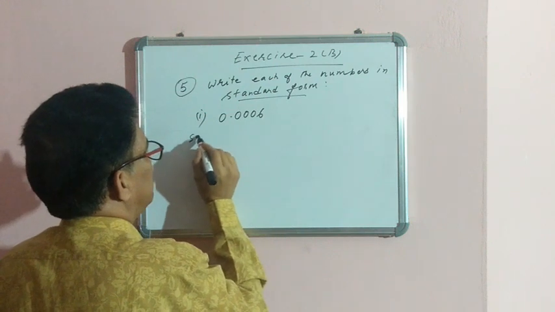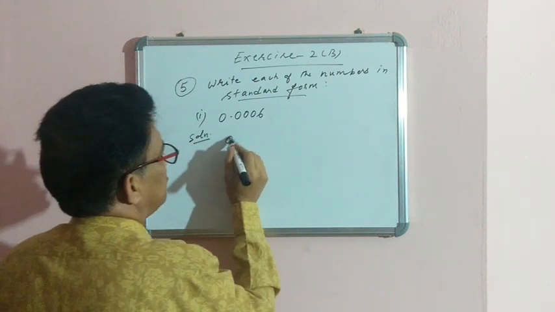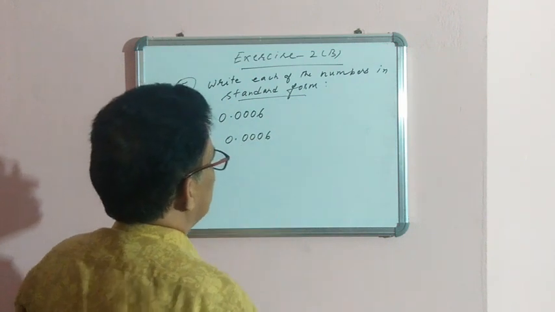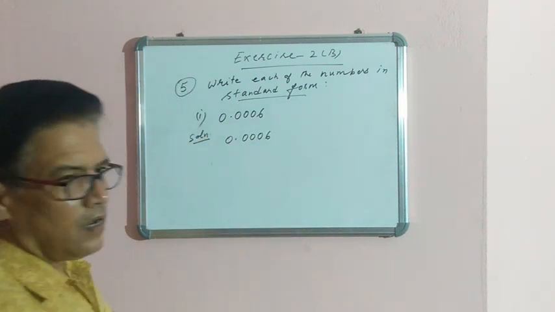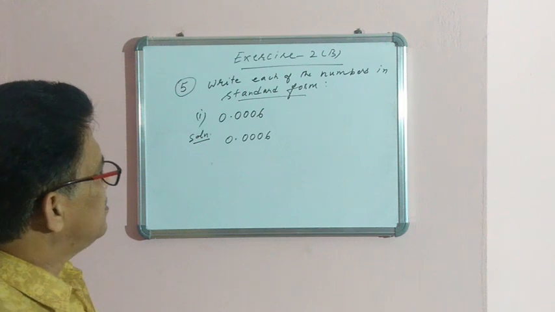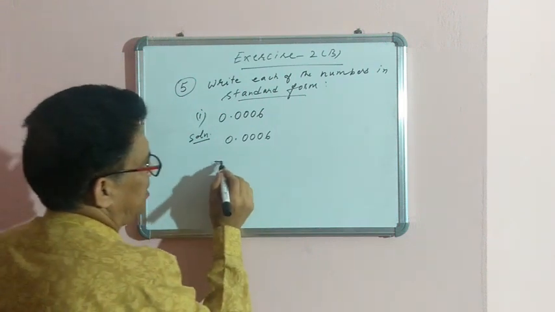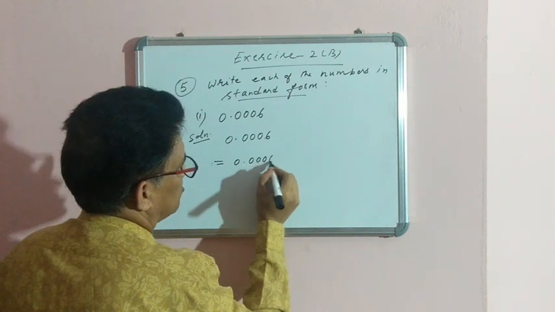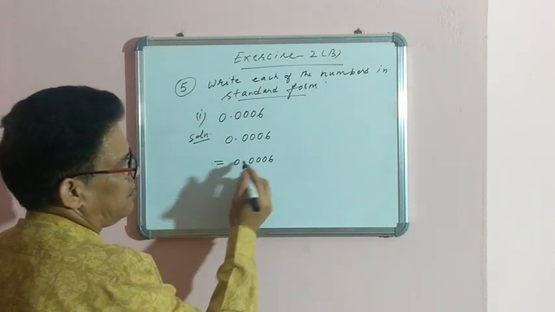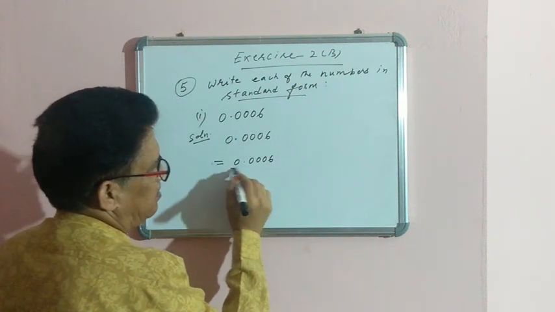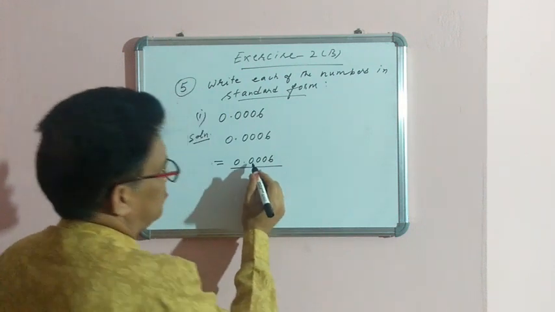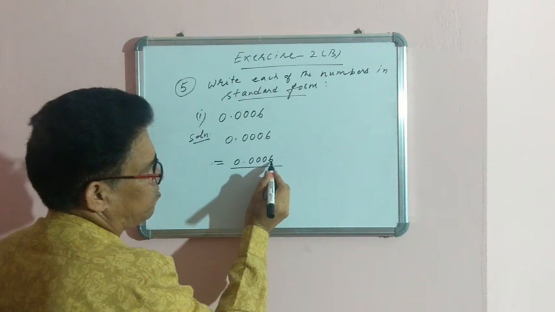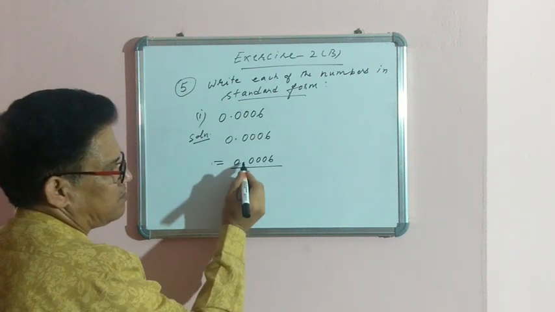So solution: 0.0006, we have to write this in standard form. If you remove this decimal sign, how many places are there? 1, 2, 3, 4 places after the decimal sign.